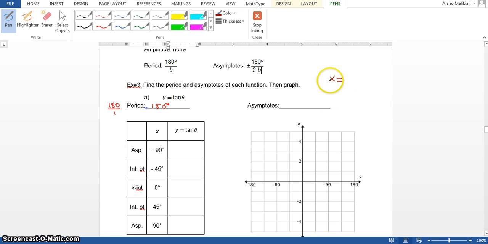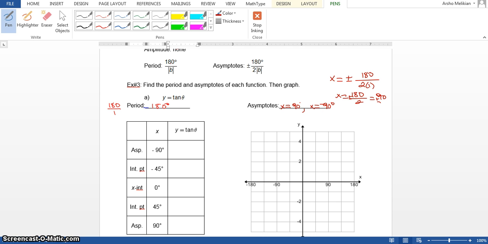So it's going to be x equals plus or minus 180 over 2 times b, which is 1. So it's going to be x equals 180 over 2, which is 90, plus or minus. Okay? So we have 2 asymptotes, one at 90 degrees and one at negative 90 degrees.